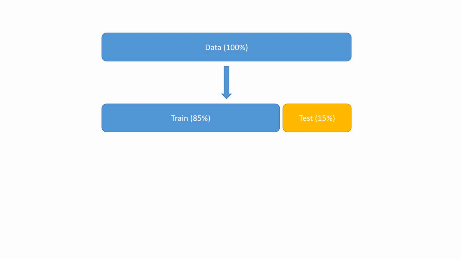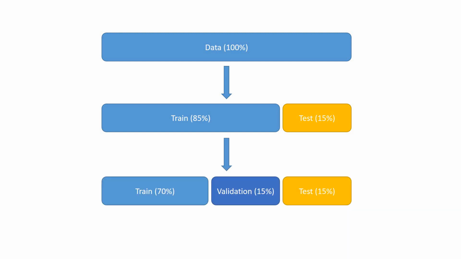Also, to avoid overfitting, you should split your train data into train and validation sets. In this case, you could split your train data to 70% of all your data, and validation data might be 15% of all your data, and test data remains the same.